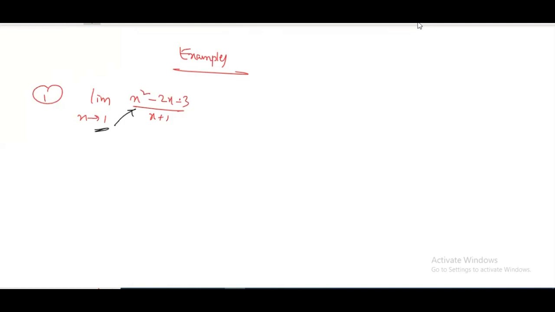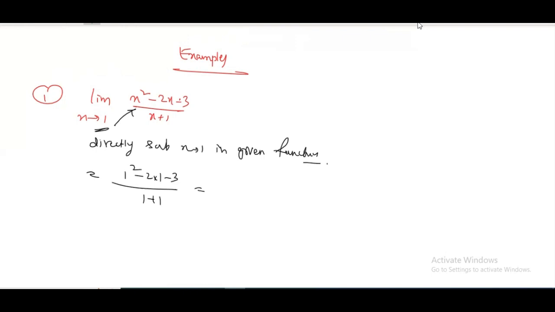So the first step is to directly substitute x tending to 1 in the given function. You should remember this whenever you start solving a problem. Substituting, I get 1 square minus 2 into 1 minus 3 by 1 plus 1, which becomes 1 minus 5, that is minus 4 by 2, which is minus 2. Here there is no indeterminate form, so we can directly find the limit of that function.